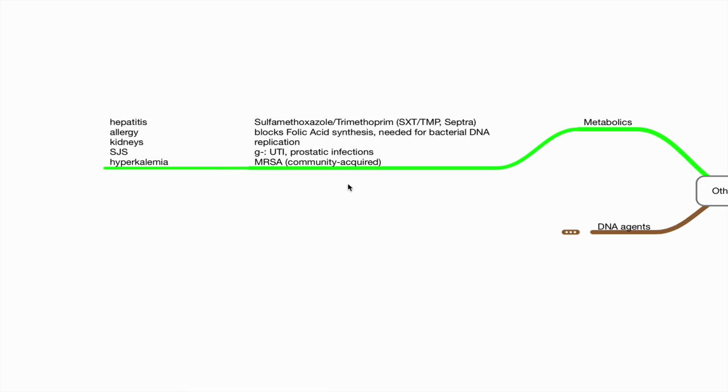Septra will often be used to cover gram-negative organisms in the case of UTI or prostatic infections. It also does cover MRSA. And Septra, it's worth knowing the side effects. So hepatitis, allergy, kidney dysfunction, Stevens-Johnson syndrome, as well as hyperkalemia.